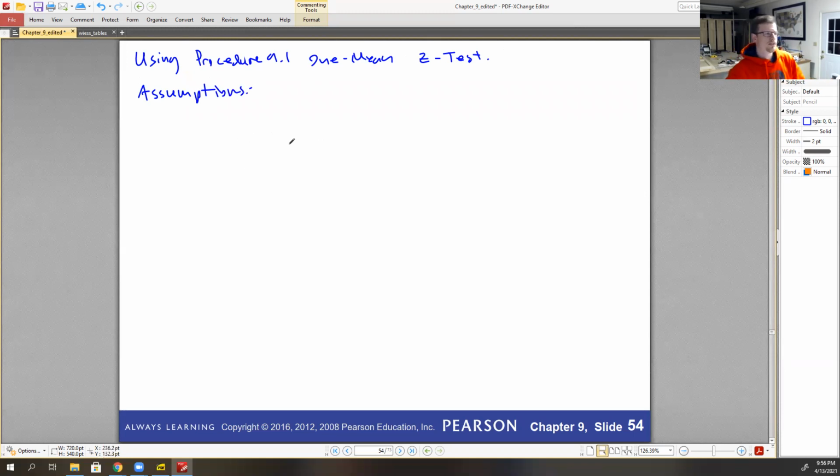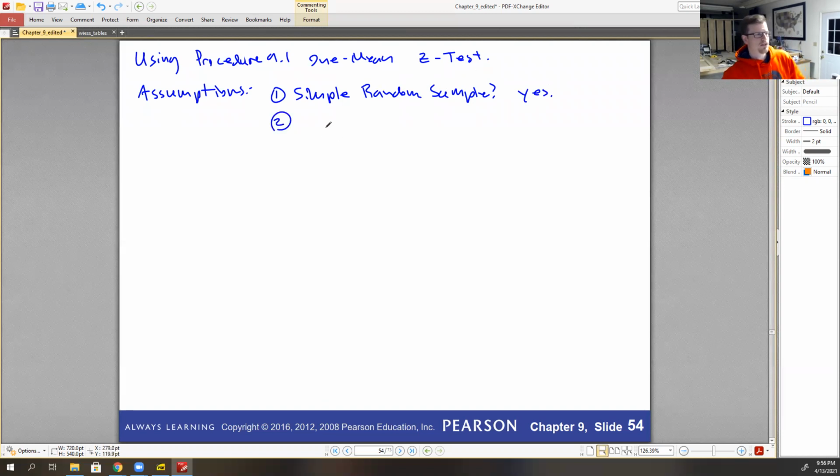All right, so the assumptions. The first assumption is that it is a simple random sample. So do we have, in fact, a simple random sample? And we're going to say, yes, we do, or close enough.